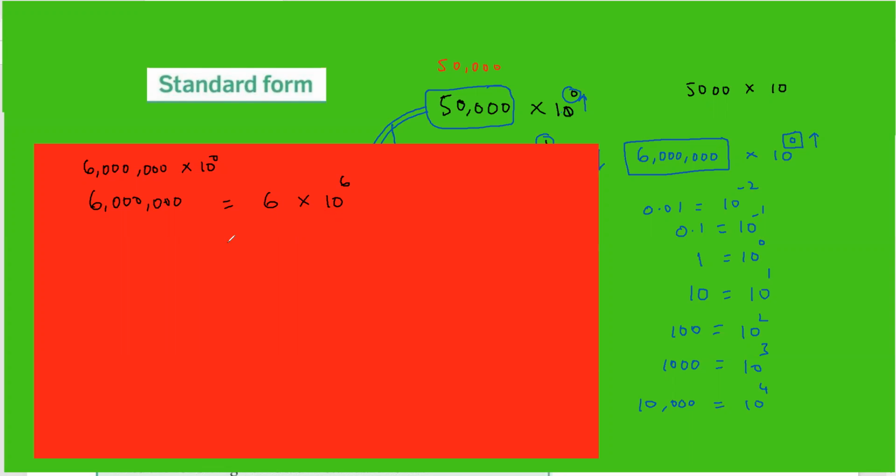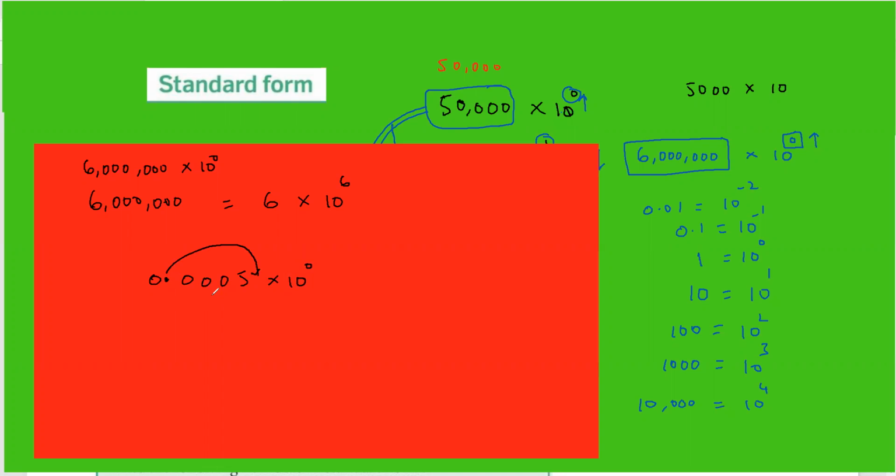Now suppose you have 0.0005 and you want to write this in standard form. So I'm just going to write 10 raised to power 0 with this. I want this point to jump to this position.